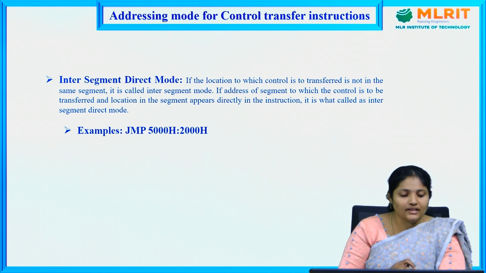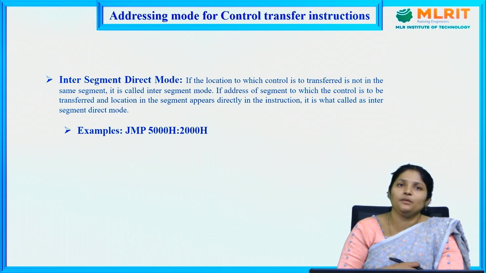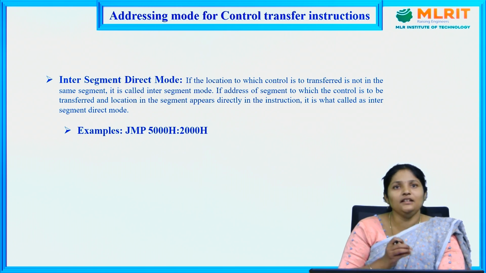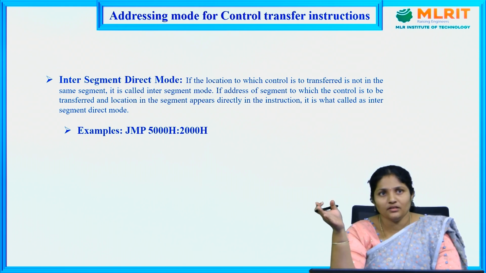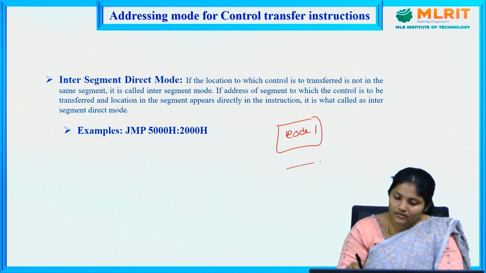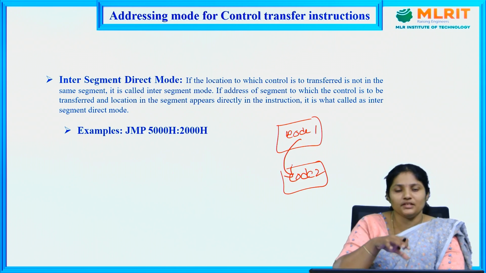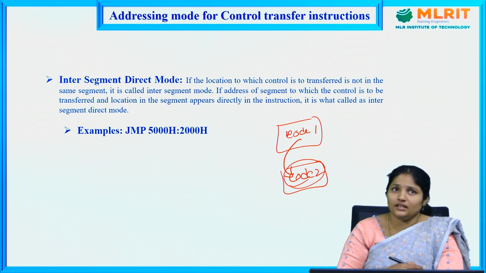Coming to the next addressing mode, it is the inter-segment direct mode. In this addressing mode, the segment address along with the offset address is mentioned directly, because in inter-segment direct mode the control is not transferred within the same segment; it is transferred to another code segment. If we have code segment 1 and code segment 2, and the processor control is transferred to the other code segment, then it is inter-segment.